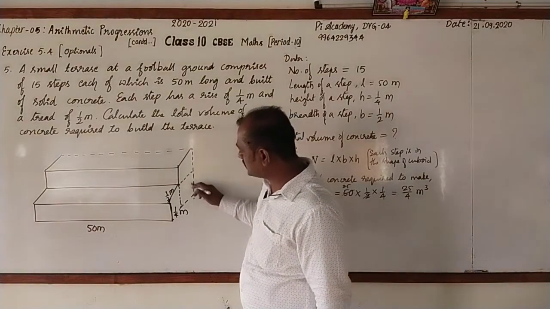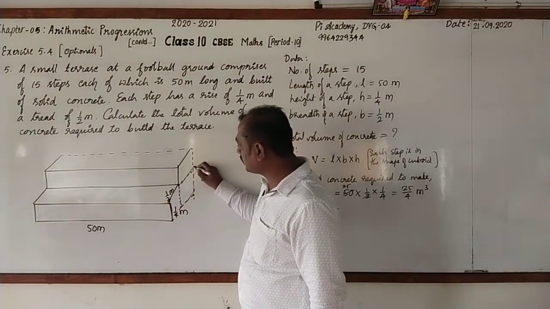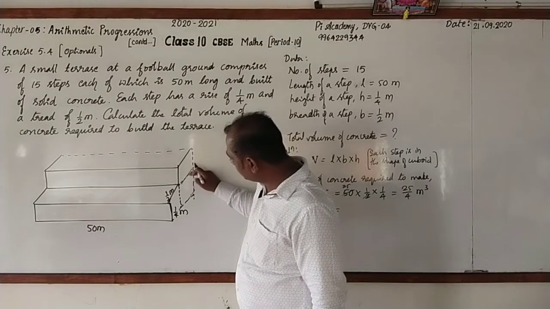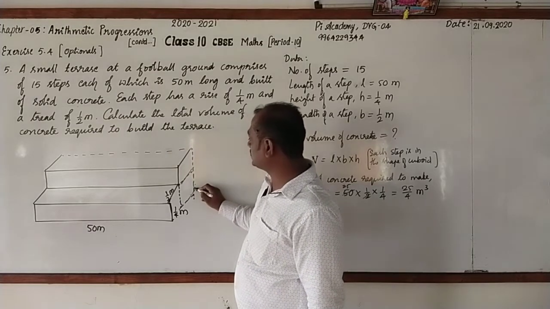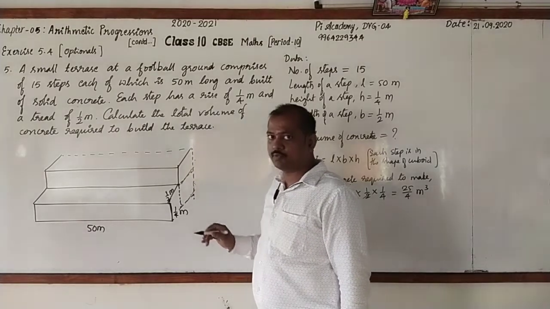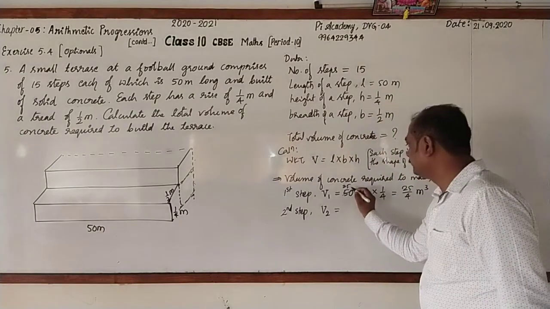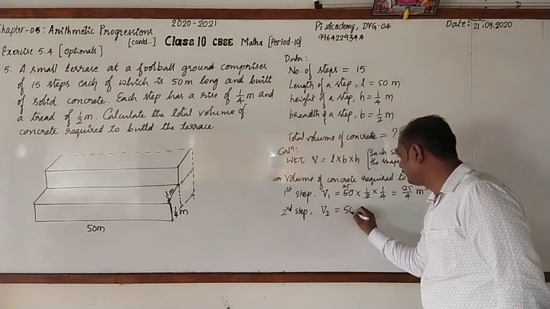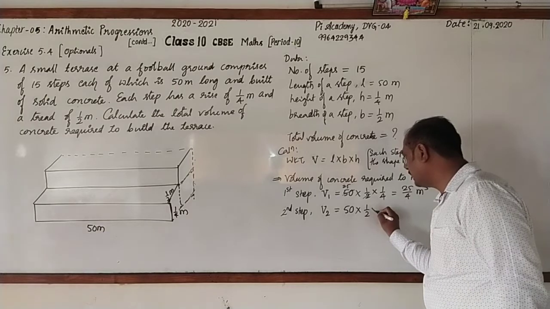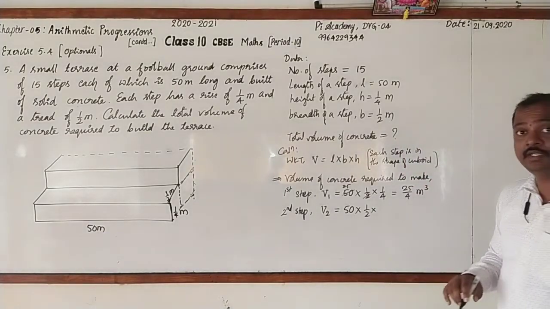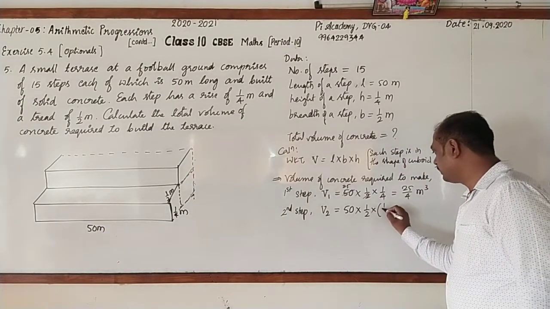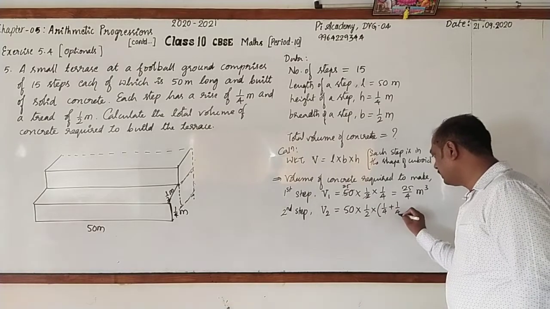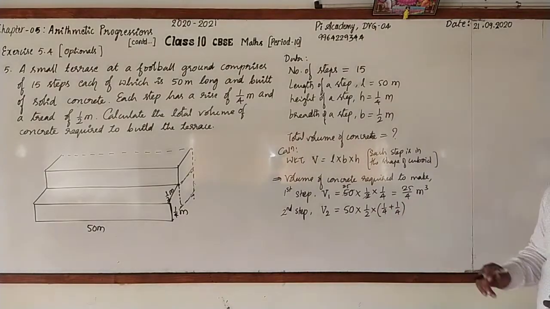To make the second step, we have to put the concrete from the bottom. Hence, this height will be counted. It is 1 by 4, 1 by 4. Here I'll write length is 50 meter, breadth is half meter, where height is 1 by 4 plus 1 by 4. To make you to understand, I have written like this.